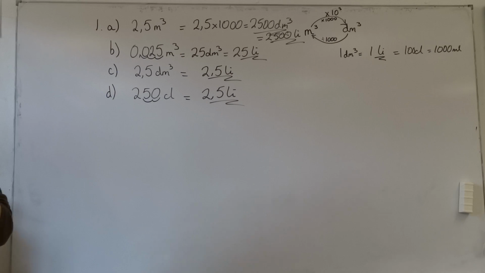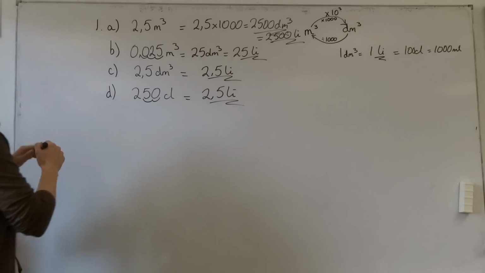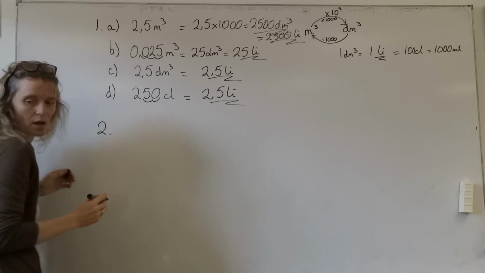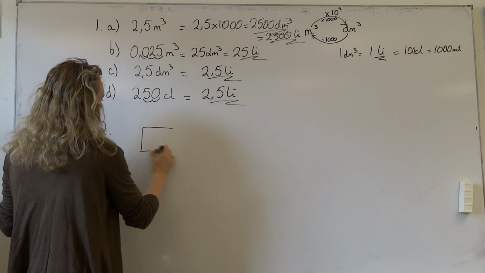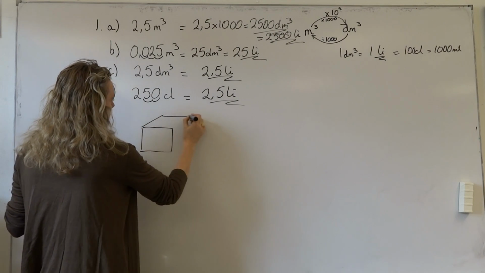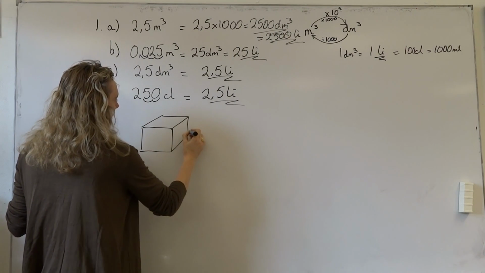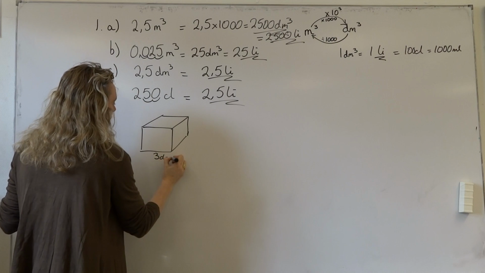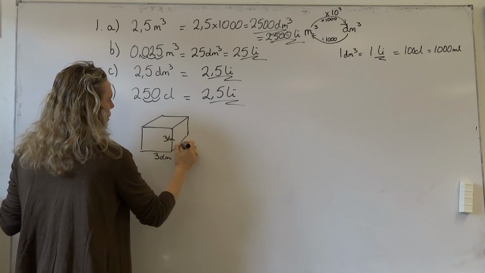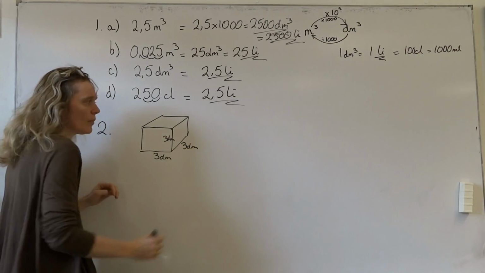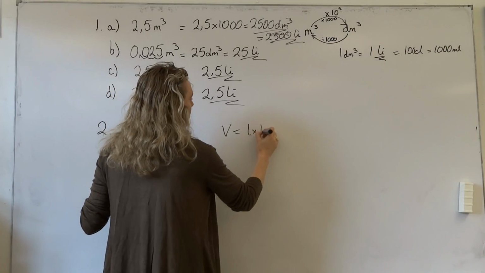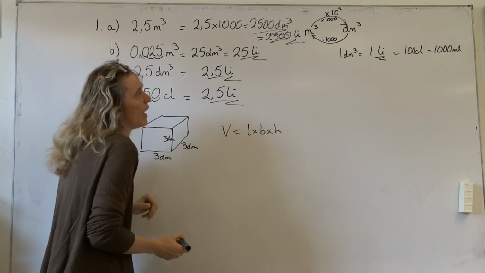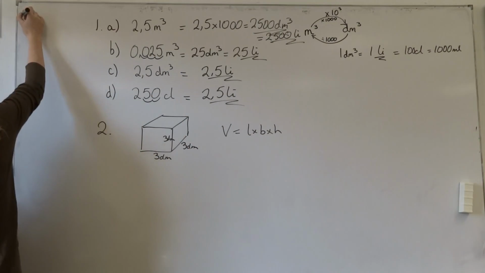Then it says we have a cube where the sides are 3 decimetres, and it would like us to calculate the volume and the surface area of this cube. Well, the volume is easy. We know that it's length times breadth times height. And we'll define our terms up here at the top.